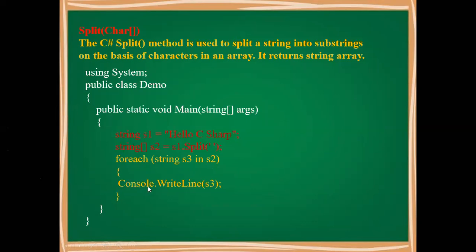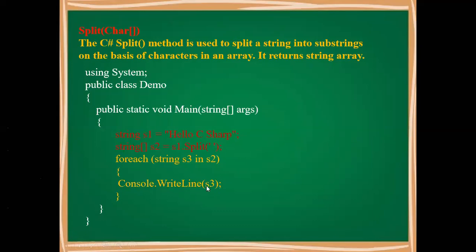So whenever we are writing Console.WriteLine(s3), as per this loop iterates, first it will split at that first empty space. So in the first WriteLine, s3 will print Hello, then the loop will go back, then it will print C, then again empty space मिला, so again it will split and then it will print sharp.